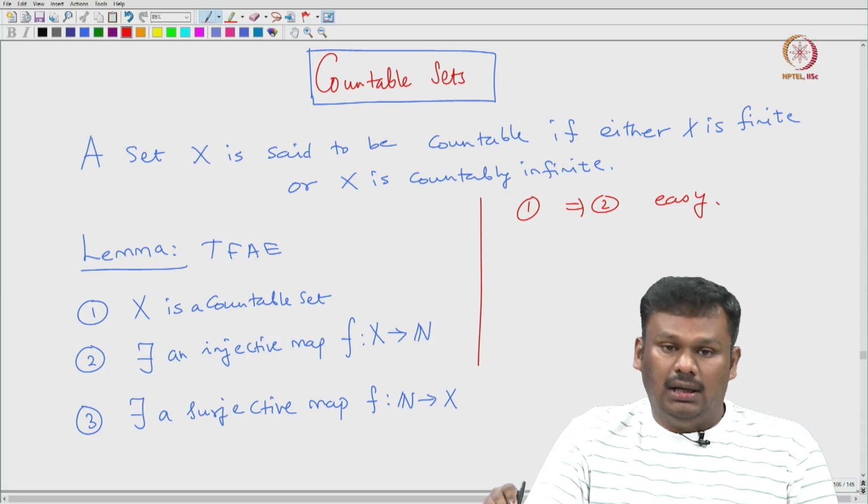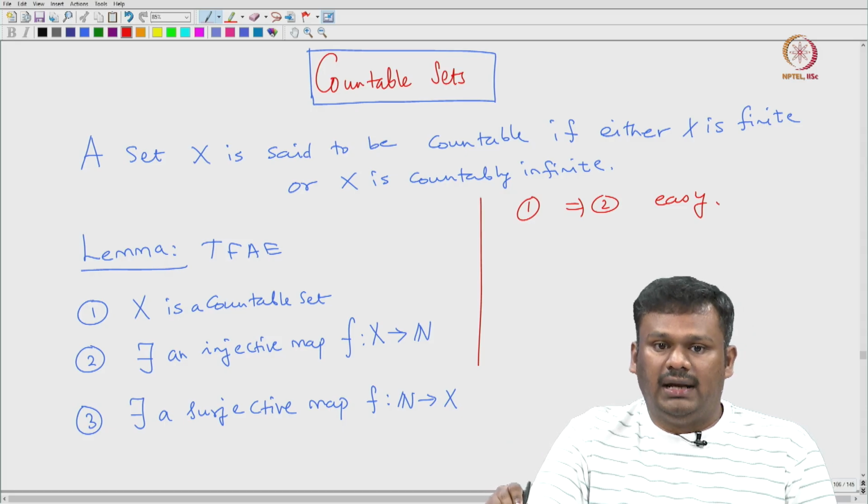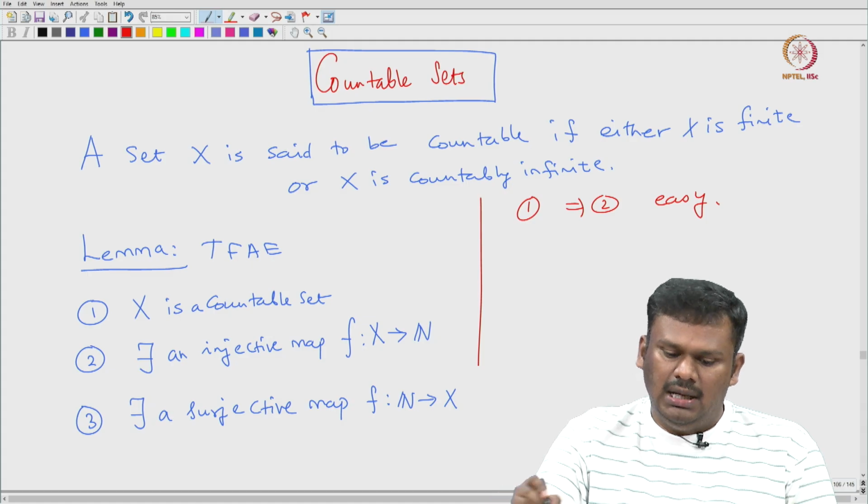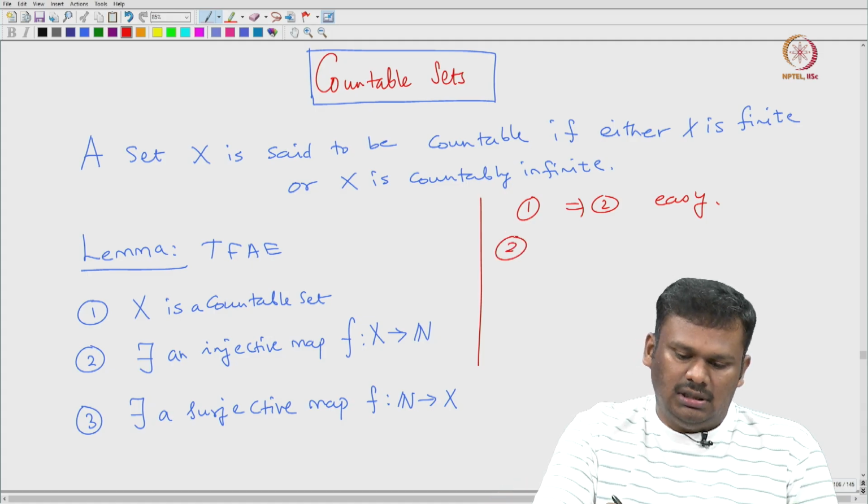So, now why 2 implies 3? What we have is an injective map f from X to N. We need to define a surjective map, which is easy, because you start with the injective map.